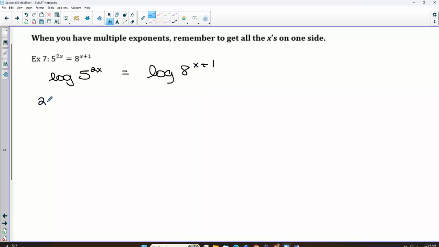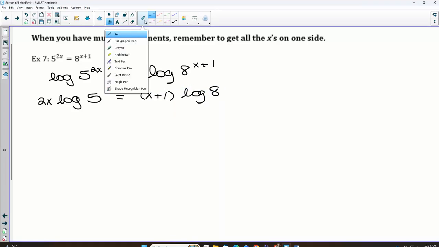So exponent comes down. And this one, what should I put around that x plus 1 when I bring it down? I have x on both sides, so it's not as simple as just dividing by log 5 or log 8 here. I have to ultimately get all these x's on one side.